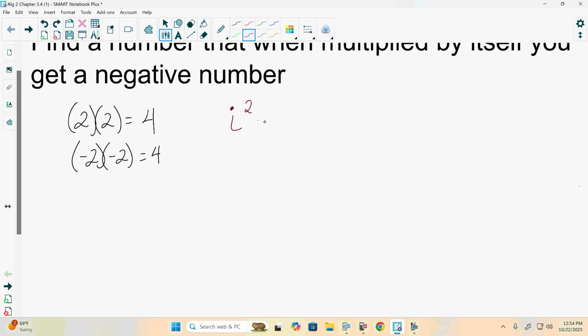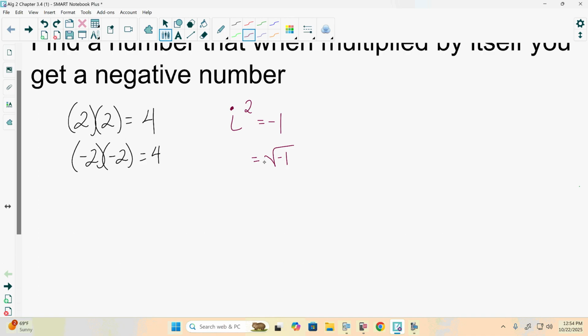So we're going to have to imagine this number, this i squared, this number being multiplied by itself, giving us negative 1, giving us a negative number. We have to come up with this, because otherwise there's no way for us to find the square root of negative 1.